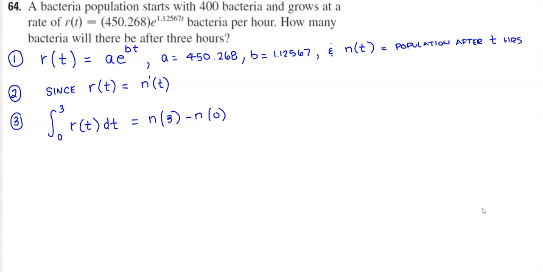Now, since we start with 400 bacteria, we would say the following for the population. n of 3 is going to equal the initial population, so we start with the 400 bacteria, plus we're going to integrate the function from 0 to 3, R of t dt.